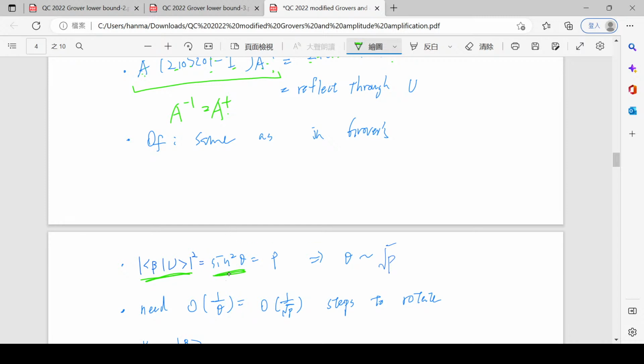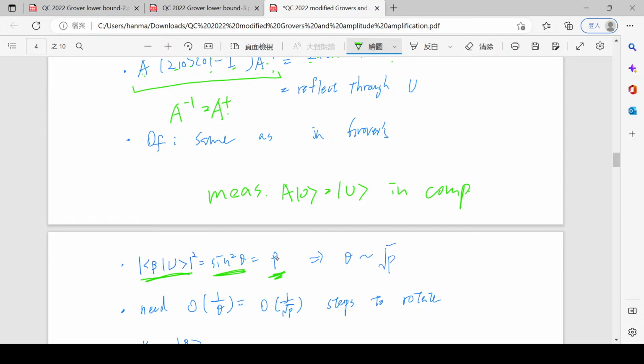And that should also be the success probability of your algorithm A, because we know A has success probability P. We didn't define this rigorously, but the high level idea is we measure A0, which equals U, in computational basis. Then it has a probability P to be a marked item, so this should also be P.